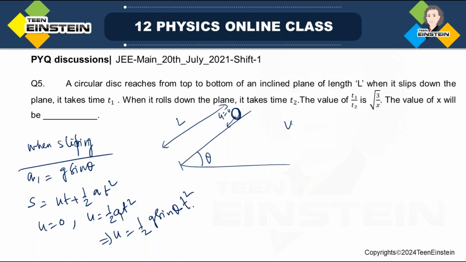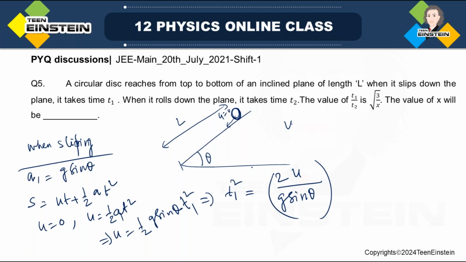So this t is actually t1, given. So I have to find the t1 by t2 ratio. Let me write then what is t1. t1 square is equal to 2s by g sine theta. So this is what will be t1 square.